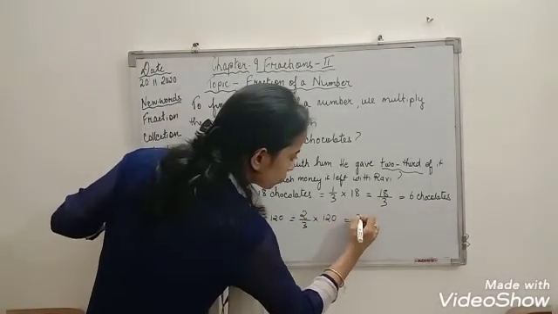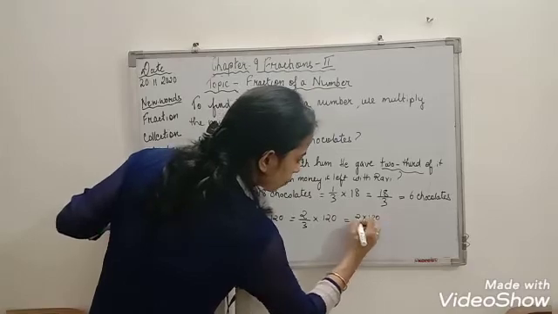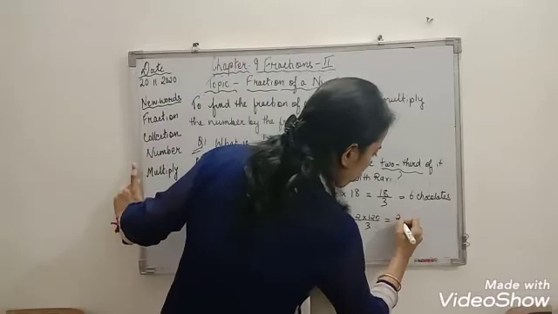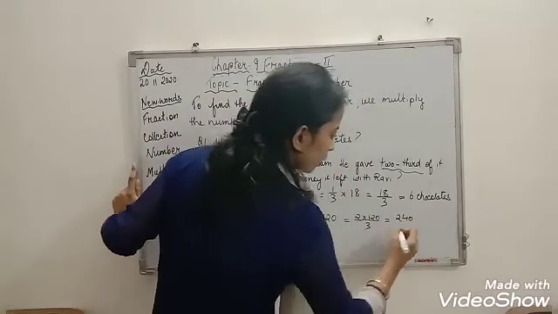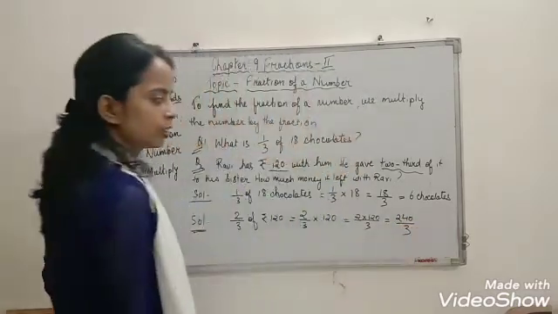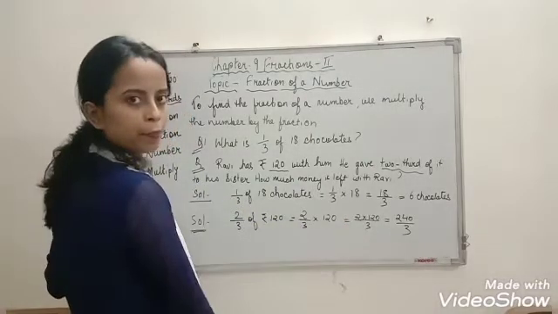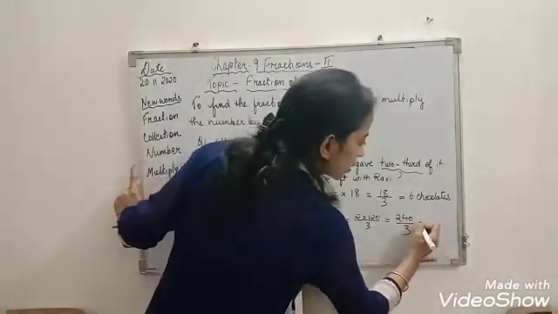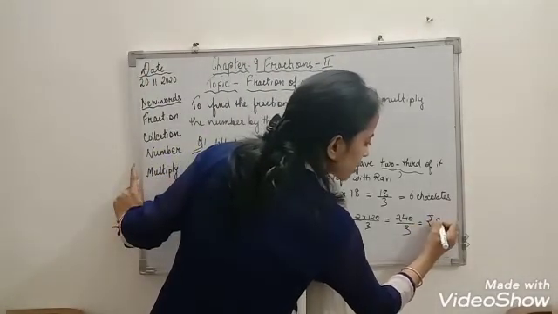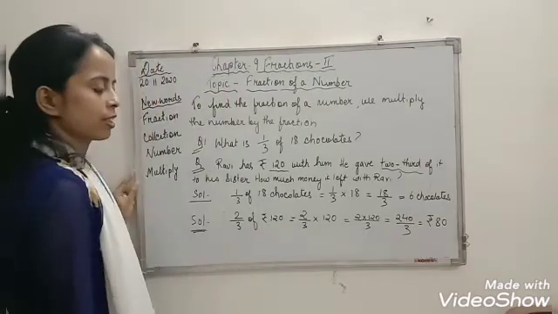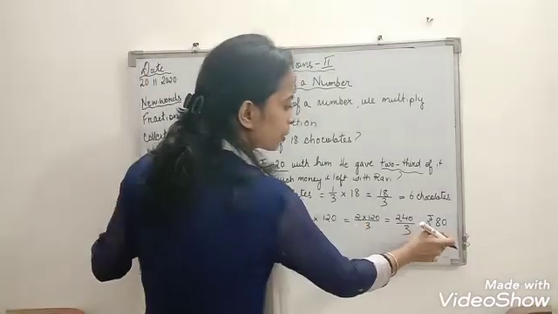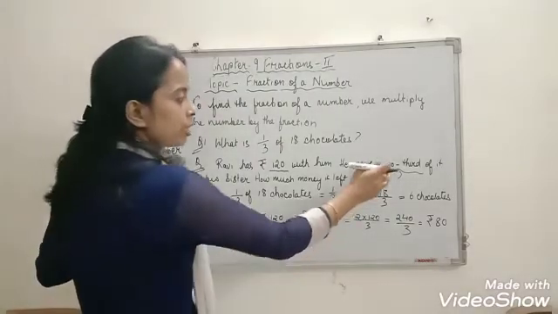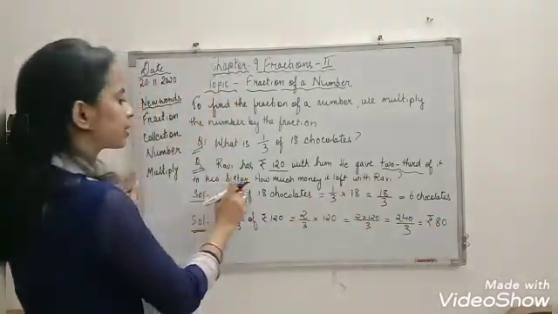It comes to 2 into 120 by 3. 2 into 120 is 240 by 3. So now 240 divided by 3 comes to rupees 80. That means he gave 80 rupees to his sister.